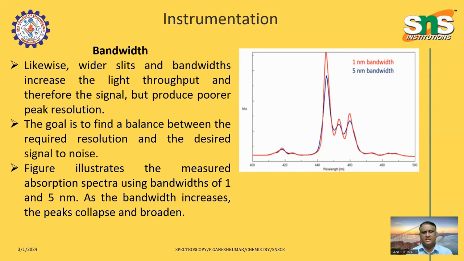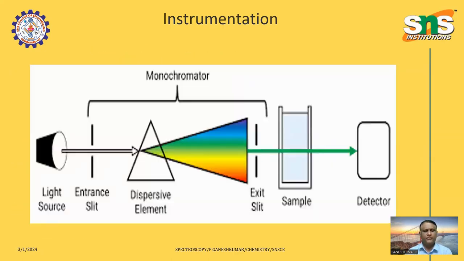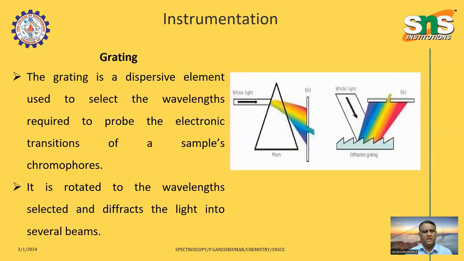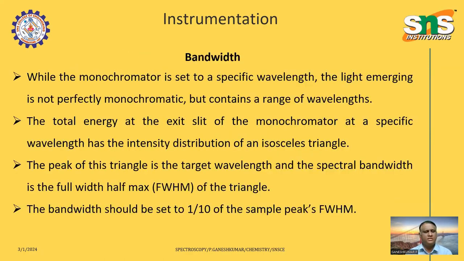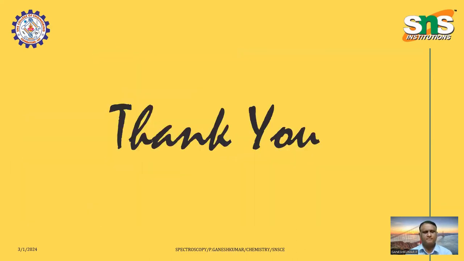So at 5 nanometers bandwidth, the peak collapses in some areas and becomes broadened. But at 1 nanometer bandwidth, we get a narrow one. So in the instrumental part, we are now discussing the monochromator, how the grating should be placed and how the bandwidths are to be fixed to get narrow or broadened waves.